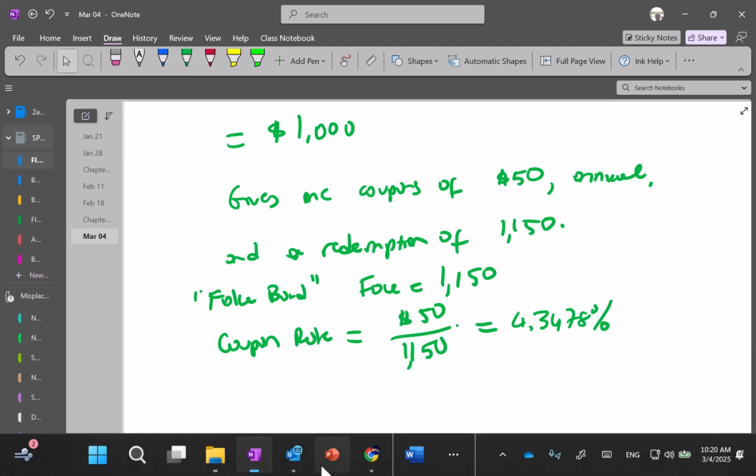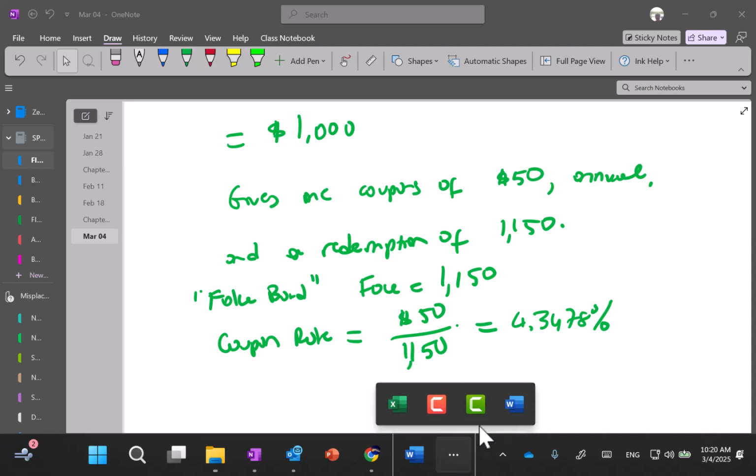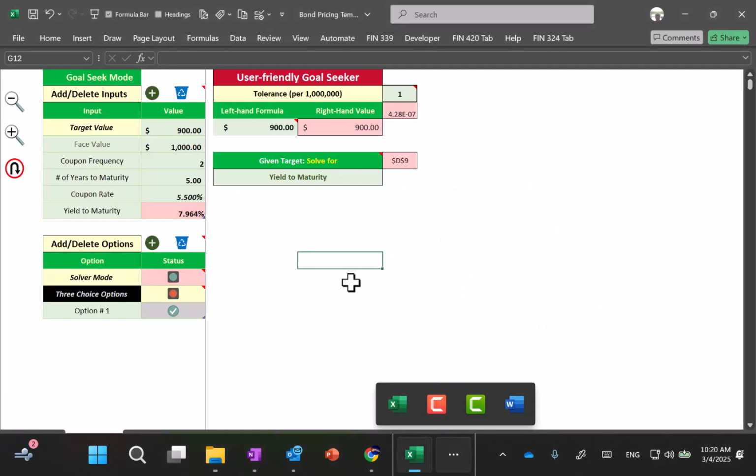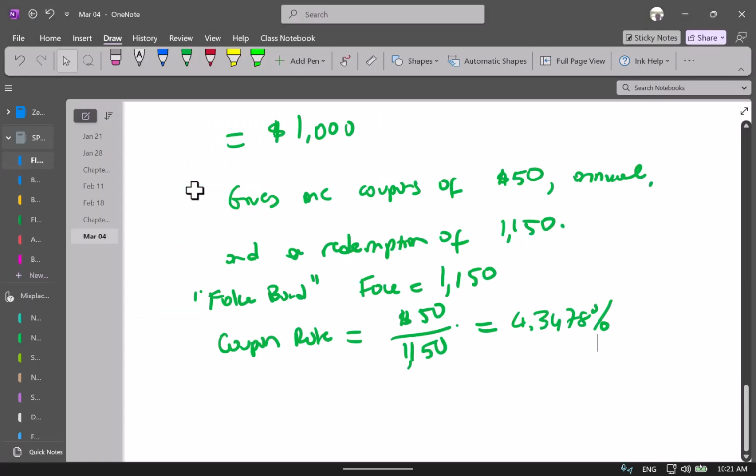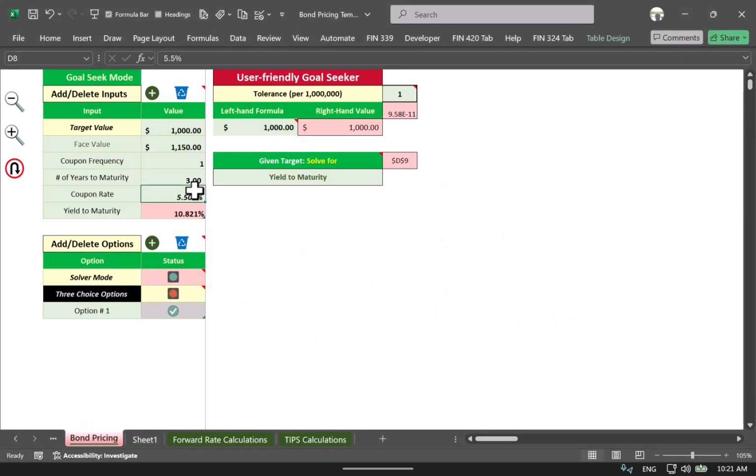So if I go here and my target value is 1,000, face value 1150, one coupon per year, years to maturity is 3, coupon rate is, what was that? 4.3478.